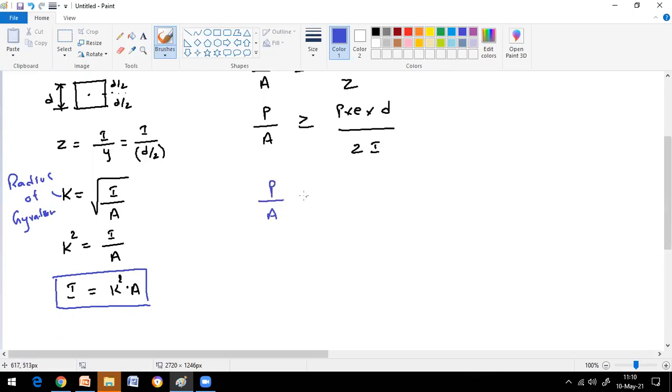So P by A is greater than or equal to P into e into d by 2 times A k square.